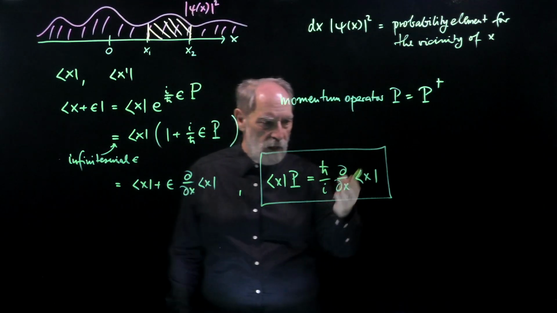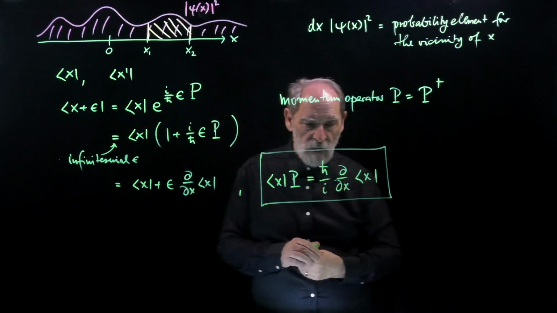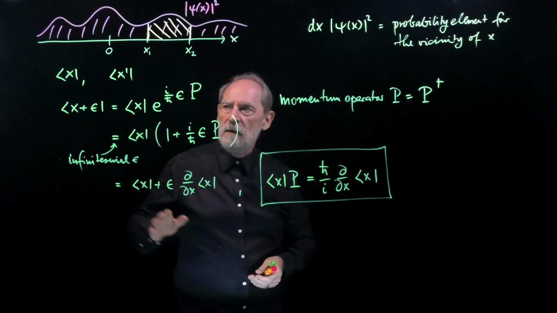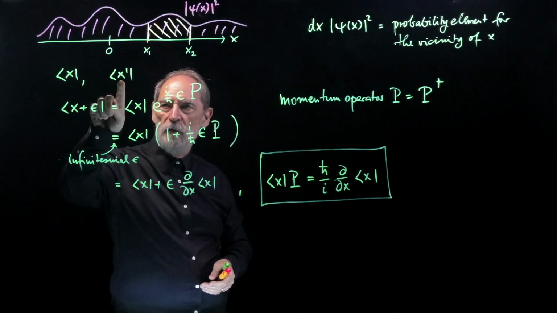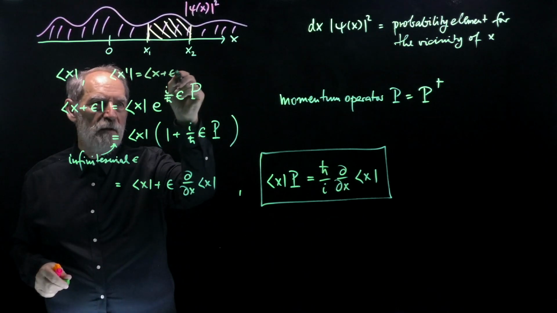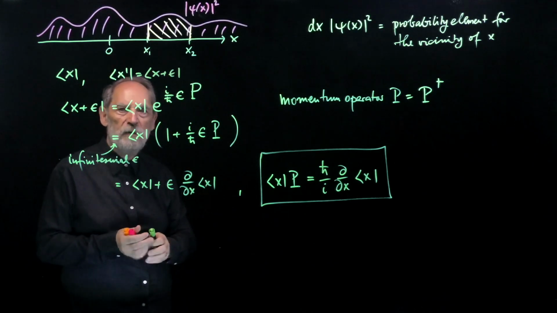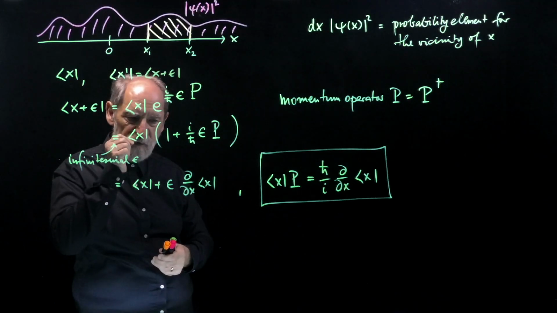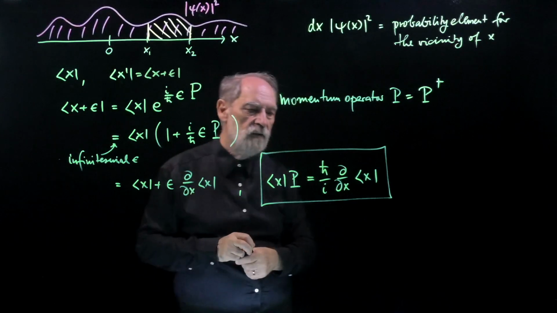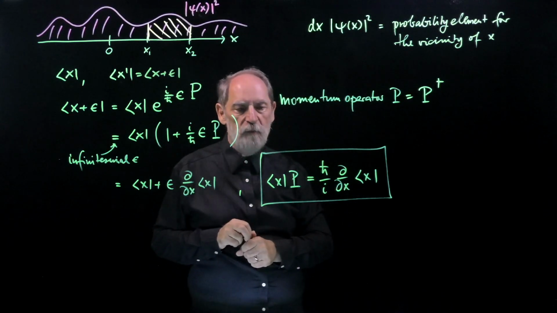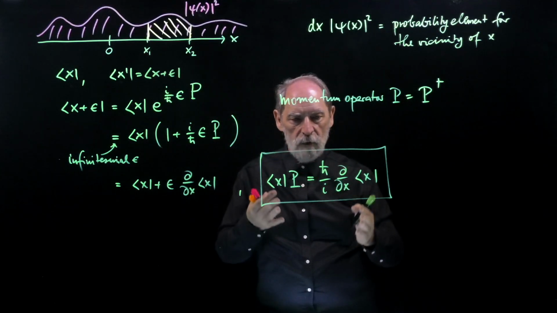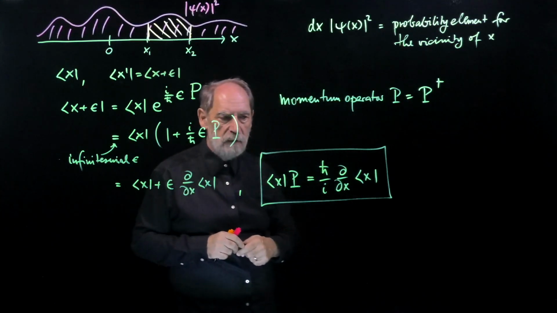So it tells us how we get a small change in x. If I compare x with a neighboring x prime, so this x prime is now an x plus epsilon, and I want to say, how does this differ from that? Well, it differs by epsilon times the x derivative, and that's given by applying the momentum operator to the position bra. Fine, so we have this statement.